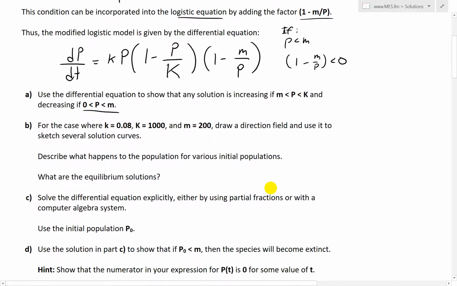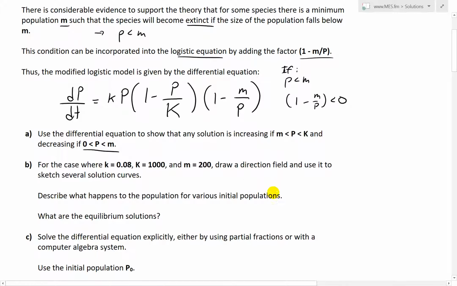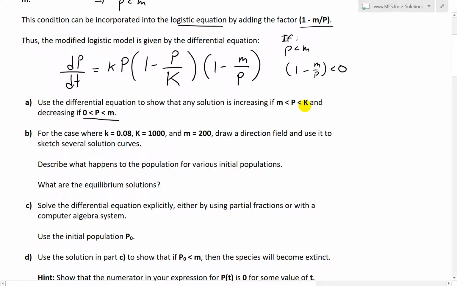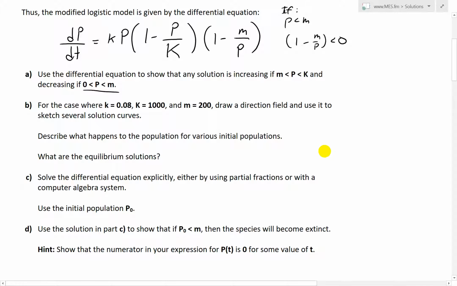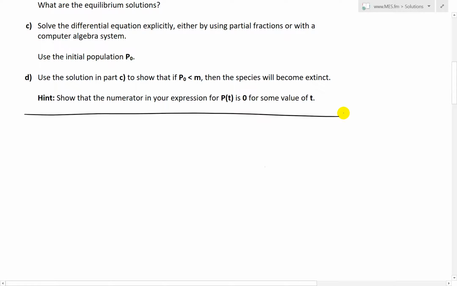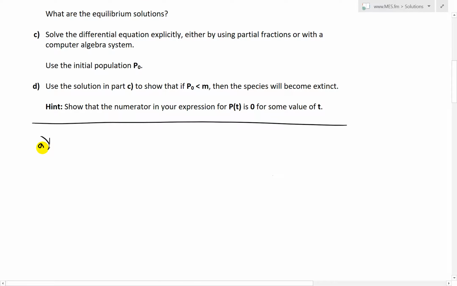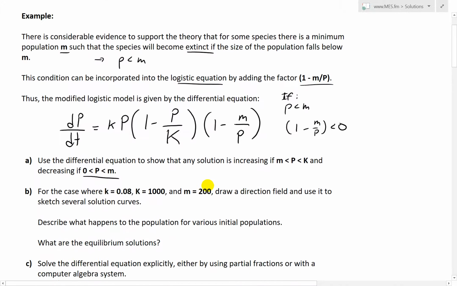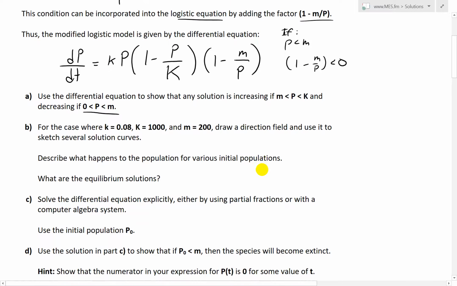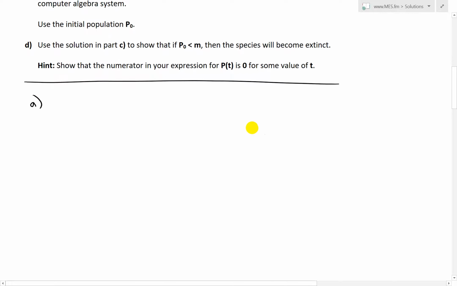The first one is the population size being greater than the minimum population for extinction to not happen, and less than the carrying capacity K. We'll go over parts B, C, and D in a bit as well. I'll read those out later. So let's just look at part A.